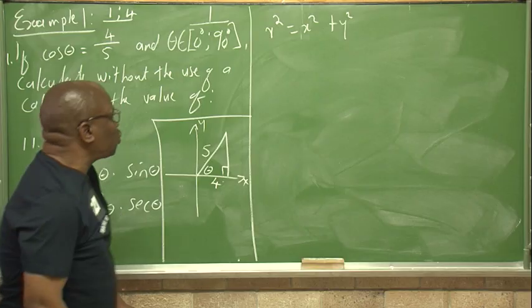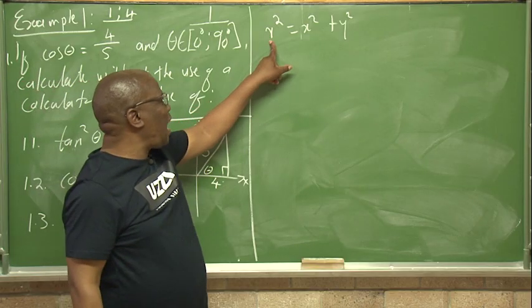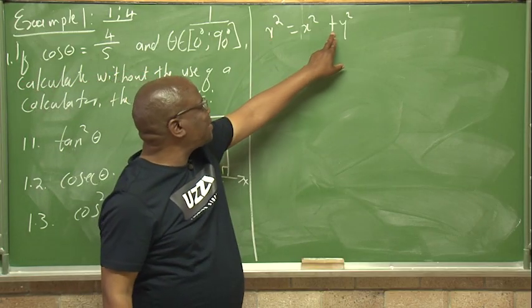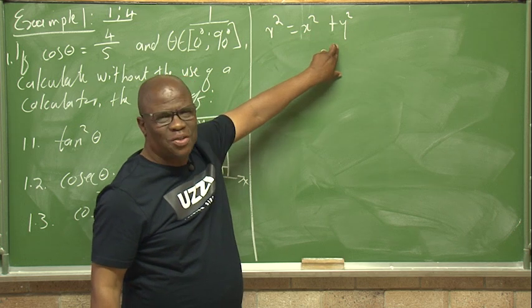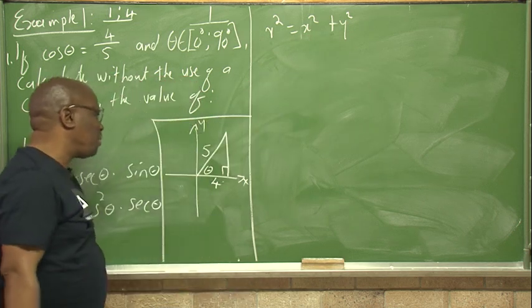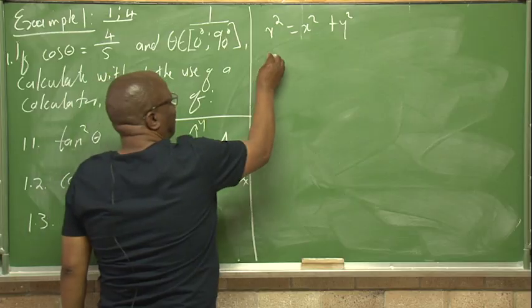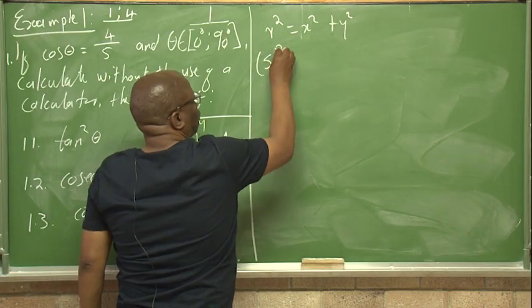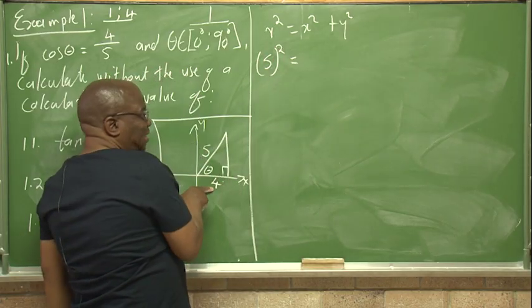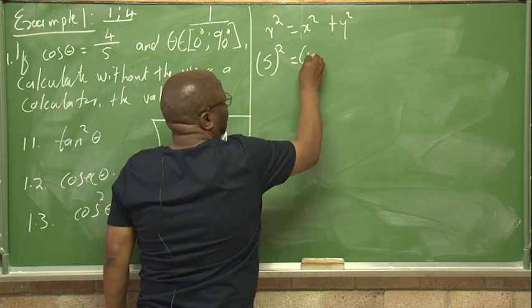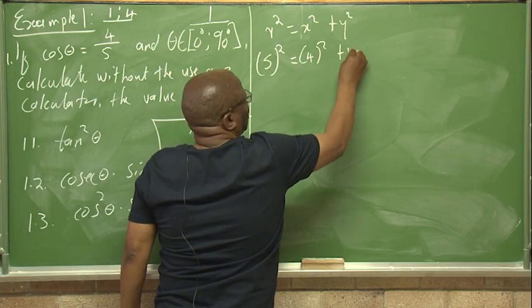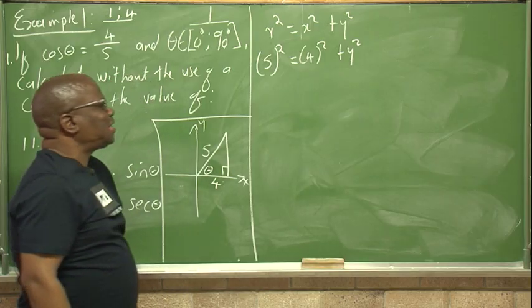The square on the hypotenuse is equal to the sum of the squares of the other two sides. So our hypotenuse is 5 here. You square it. The adjacent side, which is x, is 4. You square it, plus y squared. We need to work out the size of y.